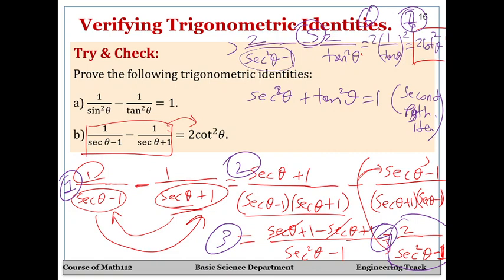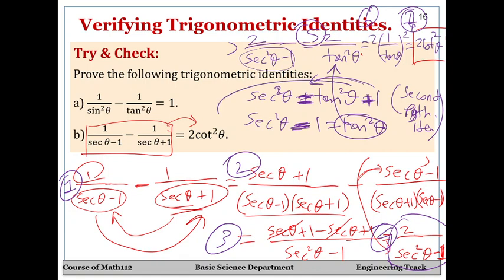So you can say this implies what? So you send this one to the other side. Sorry, this is wrong. This is 1 plus tangent squared is equal to secant squared theta. So you can send this one to the other side. You will get secant squared theta minus 1 equal to tangent squared theta. And this is what we have here. You can also use this one.